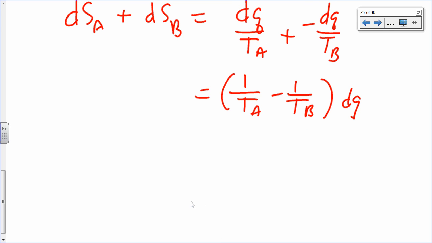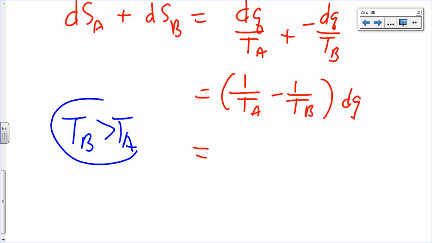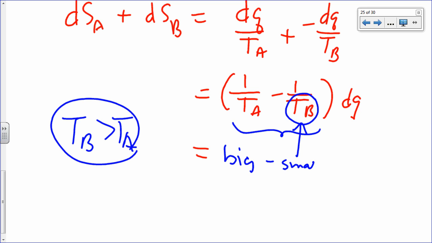Okay. That's 1 over TA minus 1 over TB. If TB is larger than TA, remember, B is hotter than A, right? So is this going to be positive or negative? This is a smaller, bigger number. So this one is a smaller number. Big number minus a small number, right?